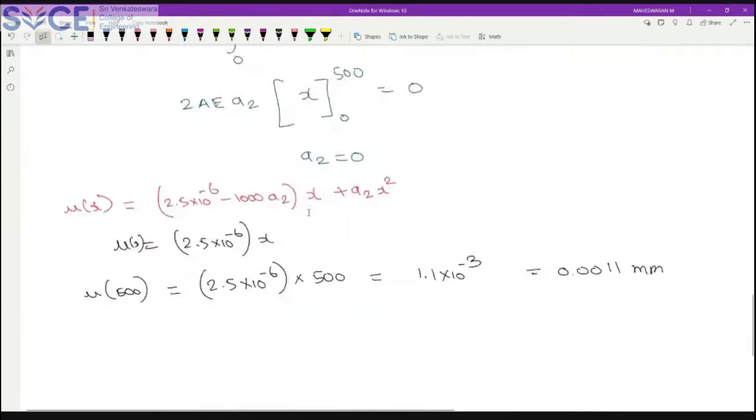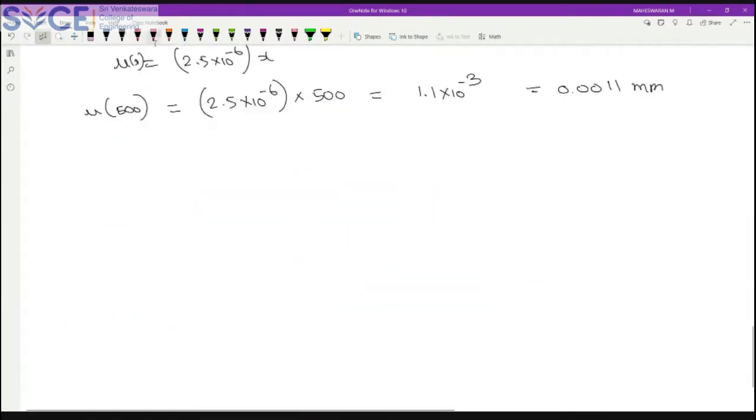Okay, so let me go for the next method. My third method is least square method. In least square method, we take integral 0 to 500 of w1 R of x dx is equal to 0. We include w1, a weighted function.